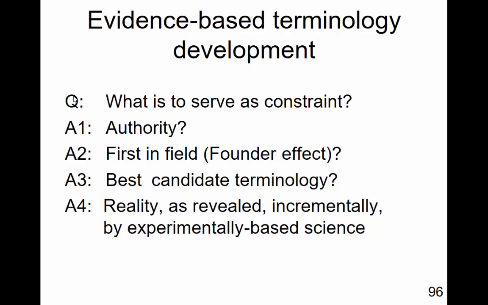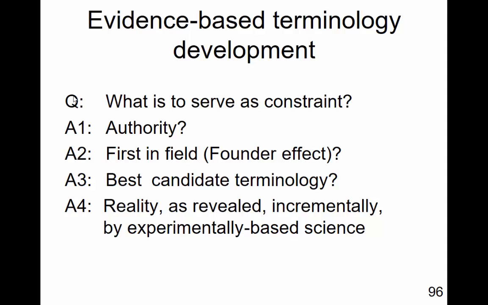And now the answer which BFO is based upon, which is called ontological realism, says that the way we determine what is a good terminology is by the degree to which it conforms to our scientific understanding of the relevant domain.